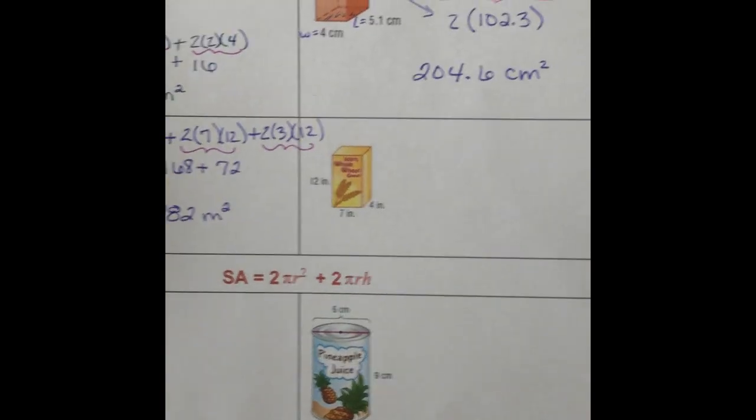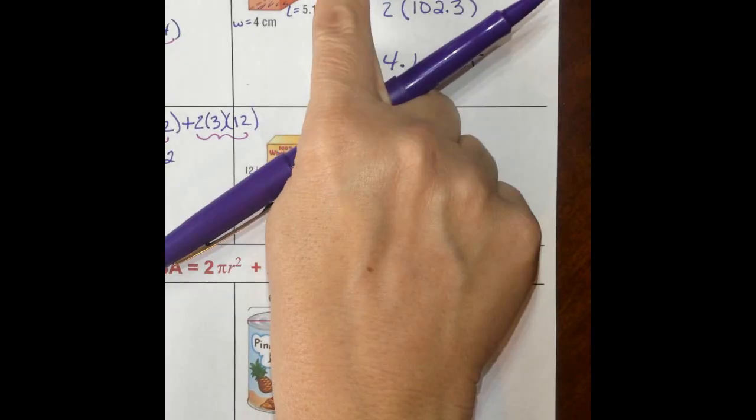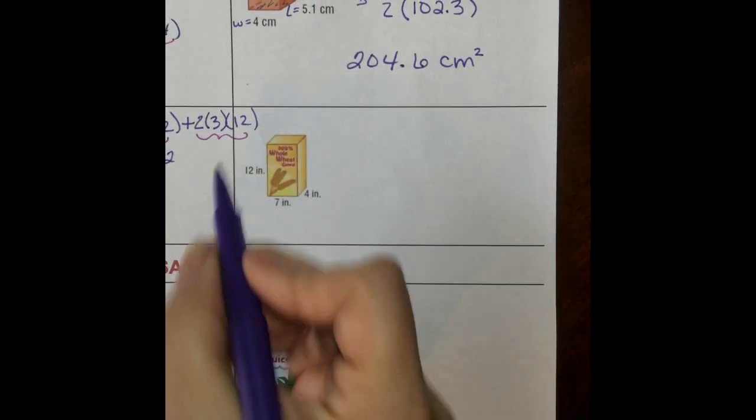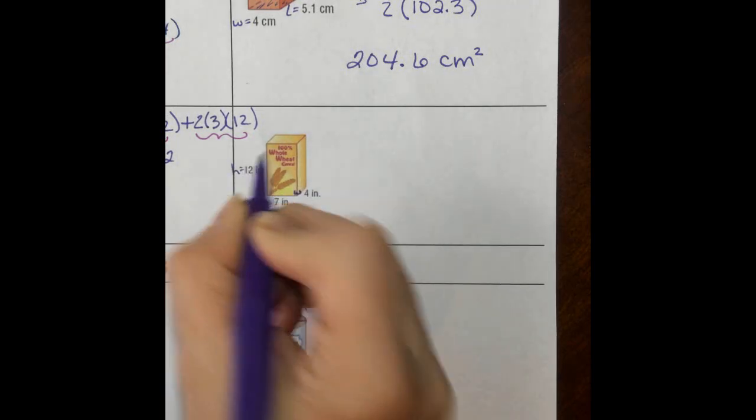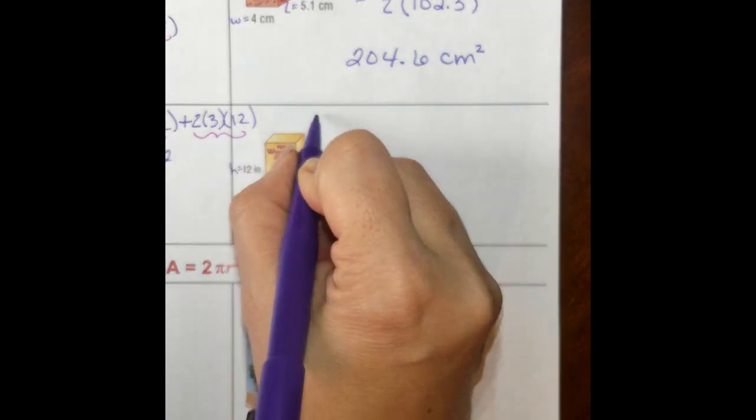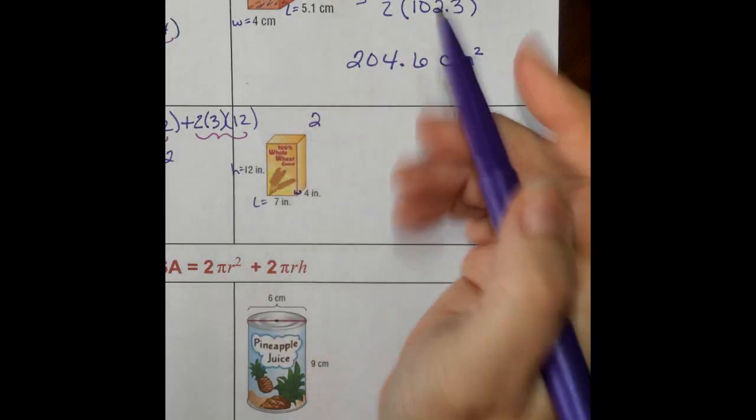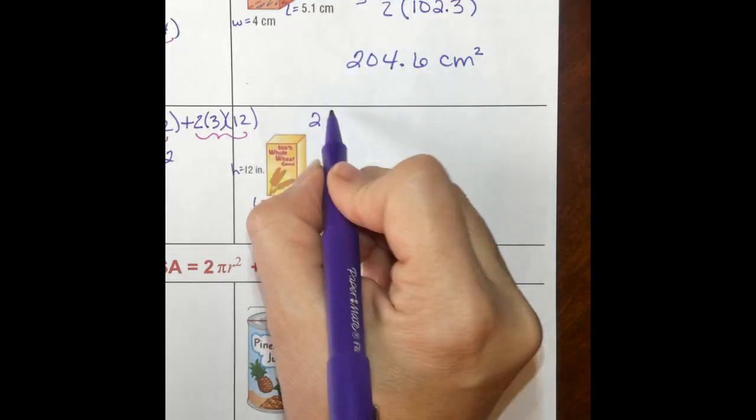Okay, looking at this one again, I will do this formula for you, for those who like it better. We have a length, a width, and a height. So we have 2 outside of the large parentheses. I'm actually going to use brackets.